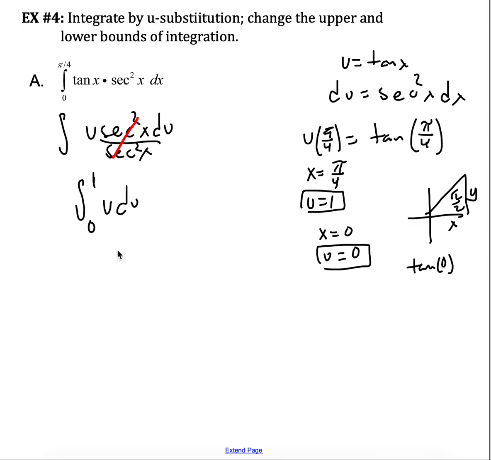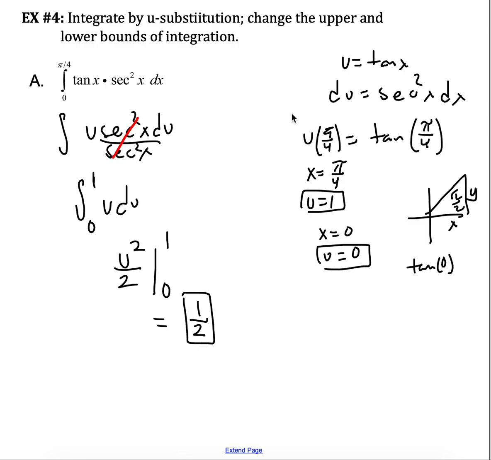So let's take the integral of u, and that gives me u squared over 2. We're going to evaluate from 0 to 1. When I do this, we just end up getting 1/2 minus 0, and our answer is just going to be 1/2.